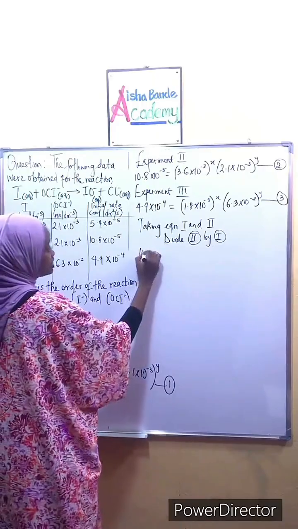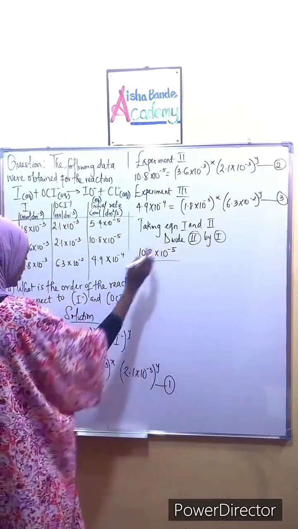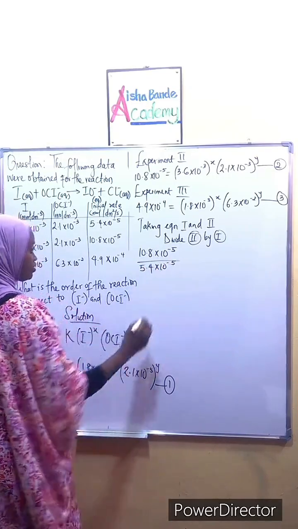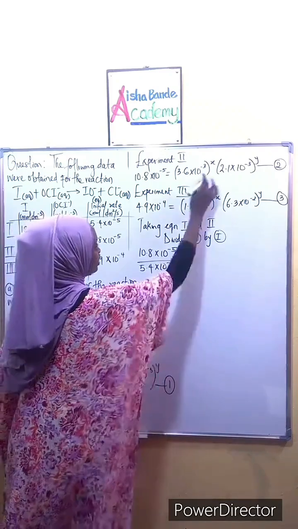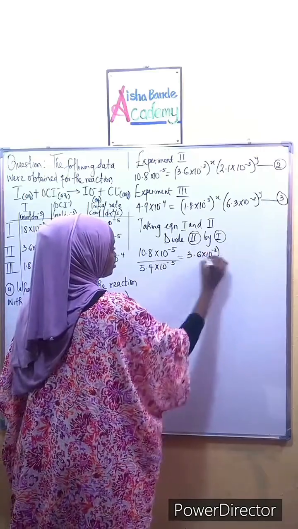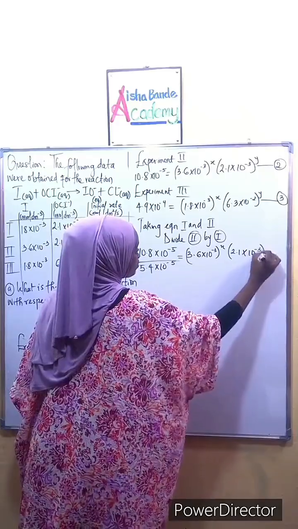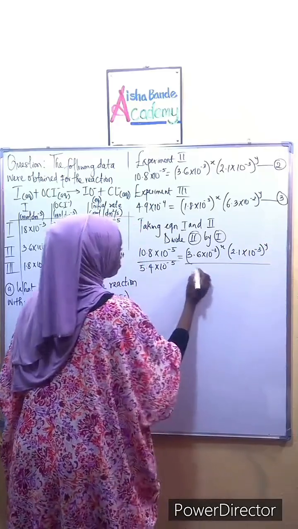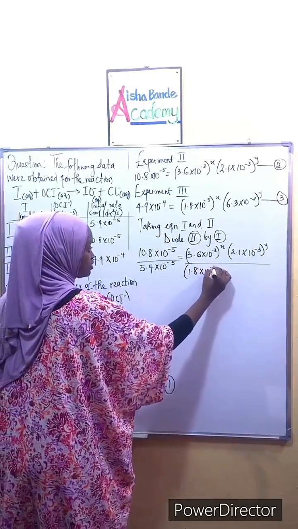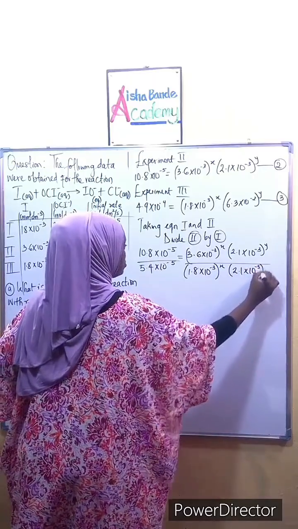Our equation 2 is 10.8 times 10 to the power of minus 5 for the rate side, divided by 5.4 times 10 to the power of minus 5, equal to the right hand side here, which is 3.6 times 10 to the power of minus 3 raised to the power of X multiplied by 2.1 times 10 to the power of minus 3 raised to the power of Y, divided by this other side here, which will be 1.8 times 10 to the power of minus 3 raised to the power of X multiplied by 2.1 times 10 to the power of minus 3 raised to the power of Y.